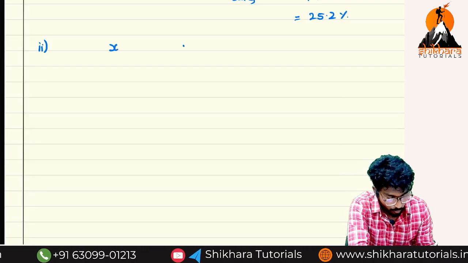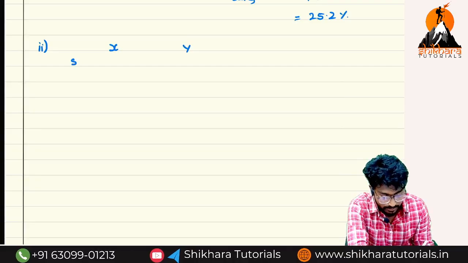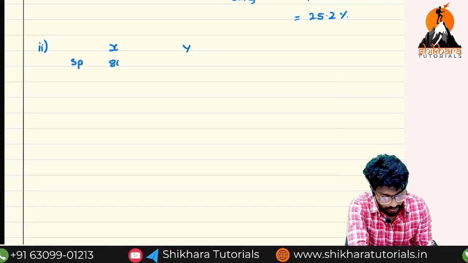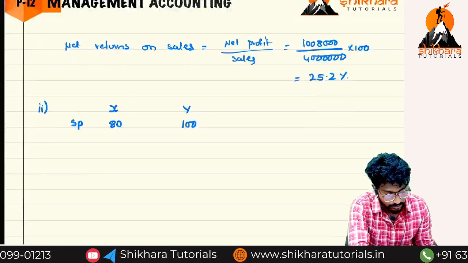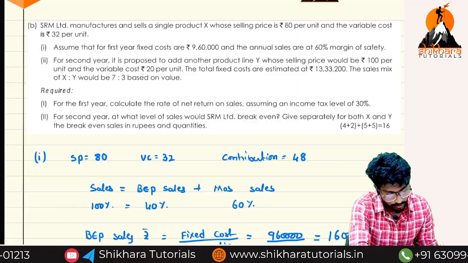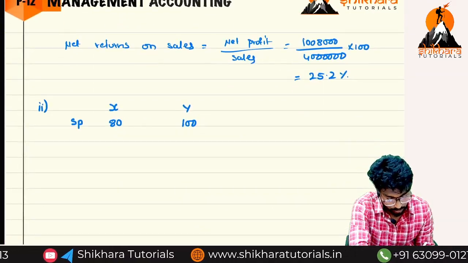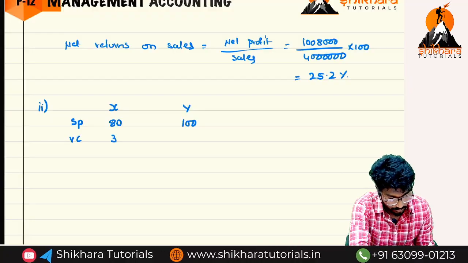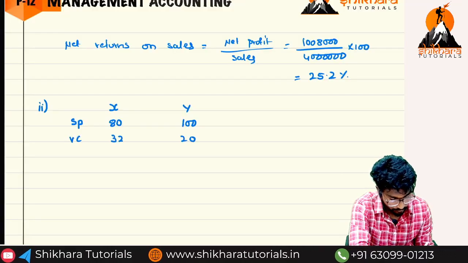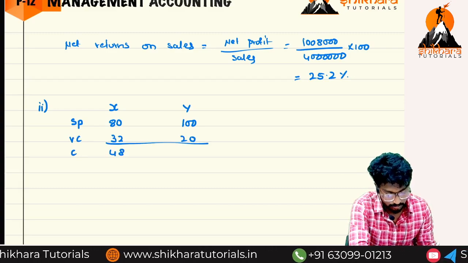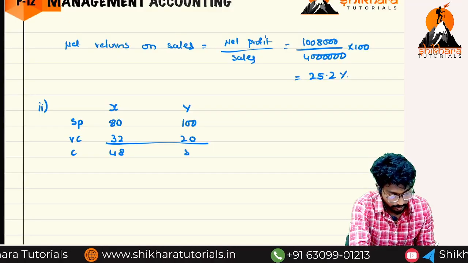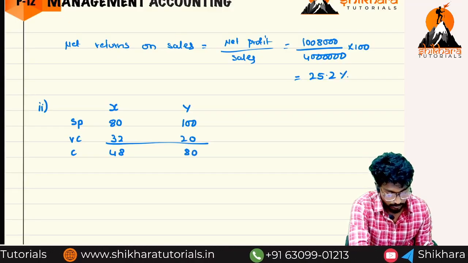X, Y. What is the selling price of X? 80. What is the selling price of Y? 100. Now, variable cost. How much is it? 32 and 20. Now, contribution.